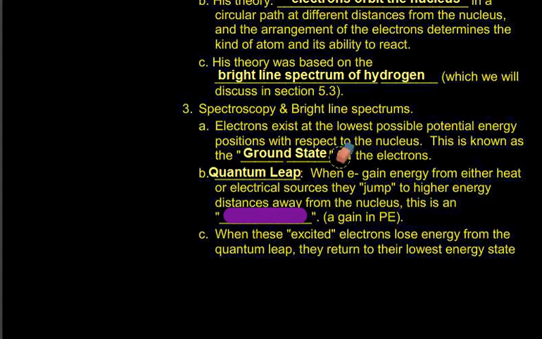We're talking about when electrons gain energy from a heat or electrical source, they jump to a higher energy distance away from the nucleus. Okay? This is an excited state where they gain potential energy. When these excited electrons lose energy from the quantum leap, they return to their lowest energy state.